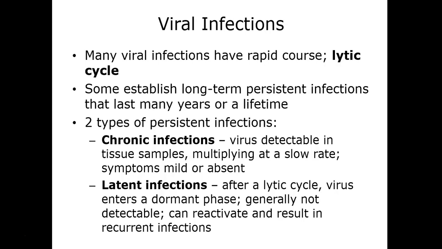And one of the ones we'll talk about today is varicella zoster or chickenpox, which can reoccur as shingles later on in life. We also see a lot of times HSV, human herpes simplex virus 1 and 2, that produce sores or lesions and have outbreaks and reoccurrences over time.